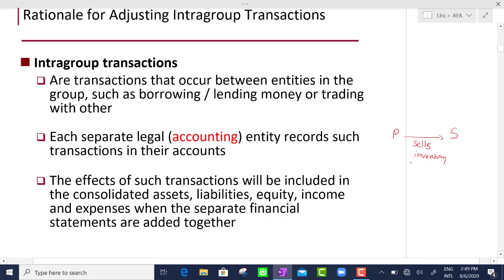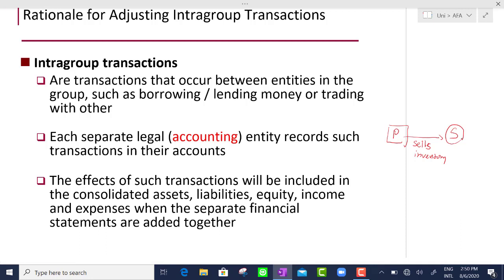Now this sales transaction is recorded in the parent's books of accounts. On the other hand, it is a purchase to the subsidiary company. So the subsidiary company will record this transaction as a purchase. As per the normal accounting standards and other regulations, this transaction is recorded by each party in their own financial statements.